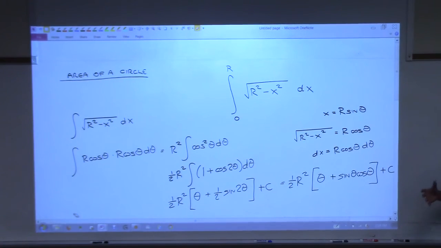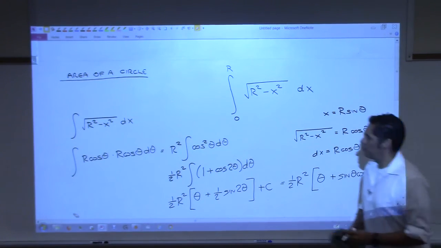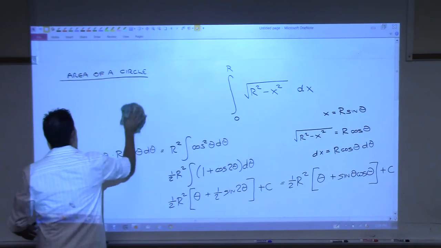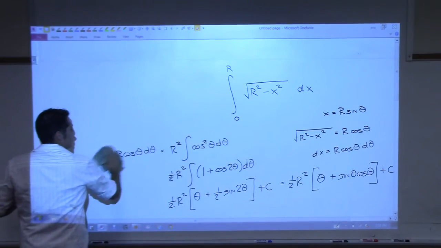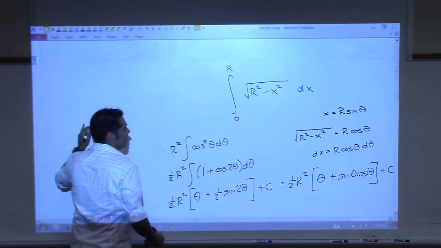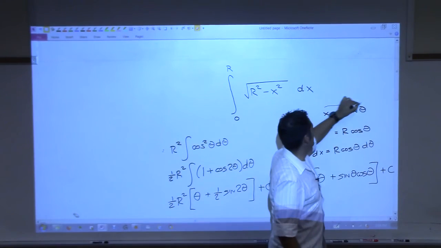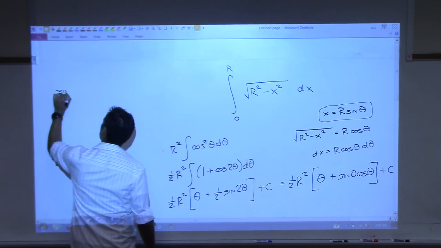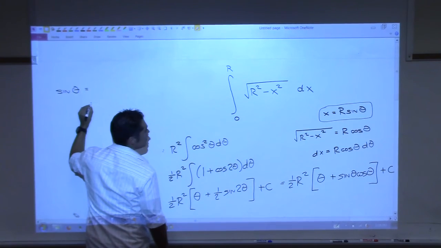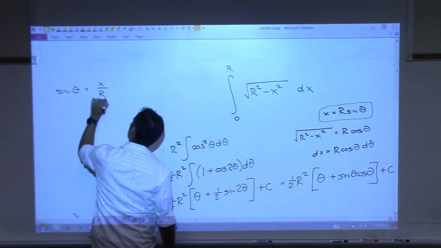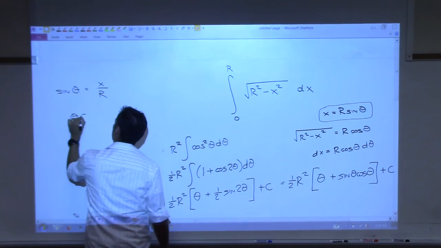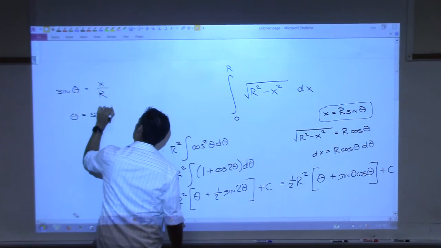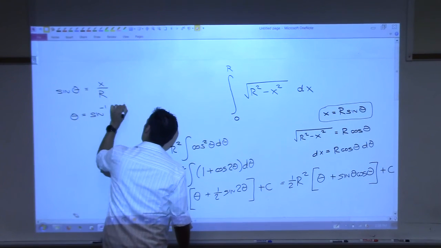All right, now we have to get everything from theta back to x. Triangle, right? So let's do this. I'm so excited for you all right now. Okay, so let's see here. I'm using this piece of information right here, right? So according to that piece of information, I know that sine theta is x over capital R. And that means that theta is arc sine of x over capital R. Agreed or not?